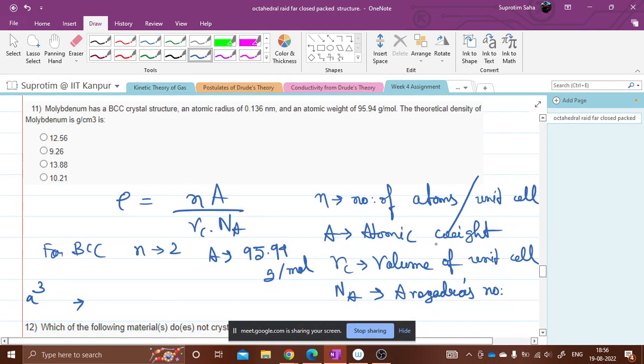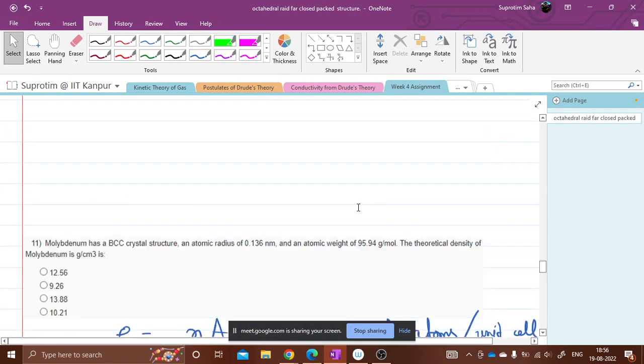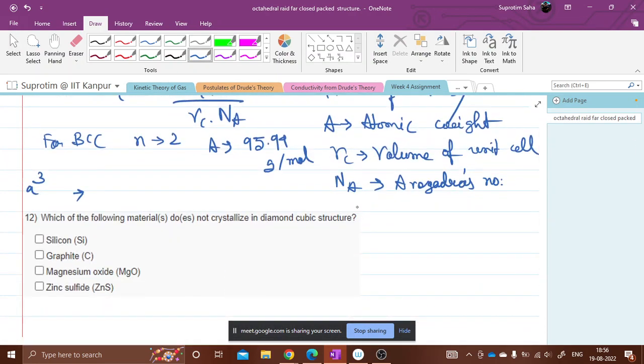For a BCC structure, from the previous lecture, 4R is root 3 a. The body diagonal consists of 4 radii of the host atoms and the body diagonal is root 3 a. So a is 4 by root 3 R.